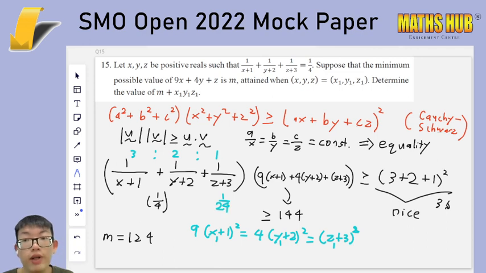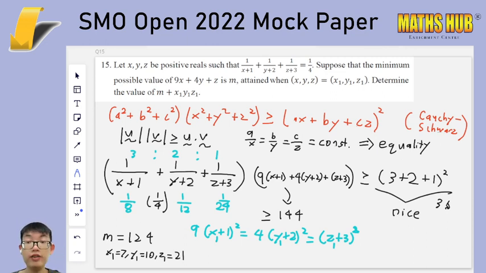This would be 1/3 of 1/4 is 1/12. And this is half of 1/4, which is 1/8. So x1 is equal to 7. y1 equals to 10. And z1 equals to 21.